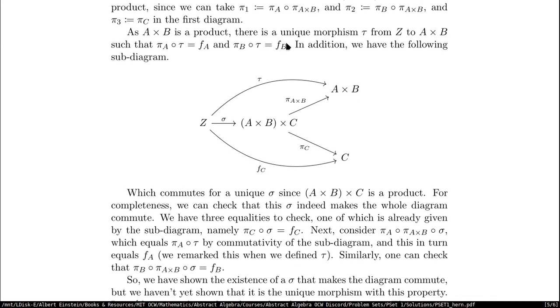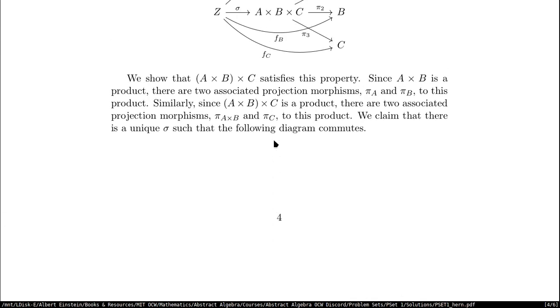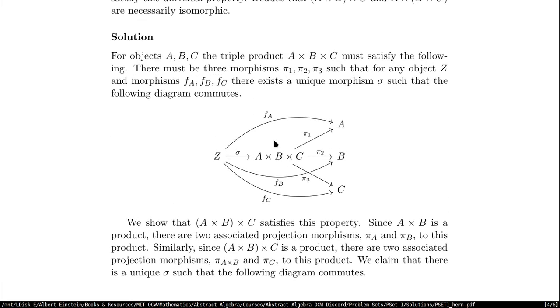So you're saying for this sigma, which goes into the parentheses product. I think for the original one, when you go higher up, the non-parentheses ones. I was confused about this one also. How did you prove that the morphism sigma is unique?